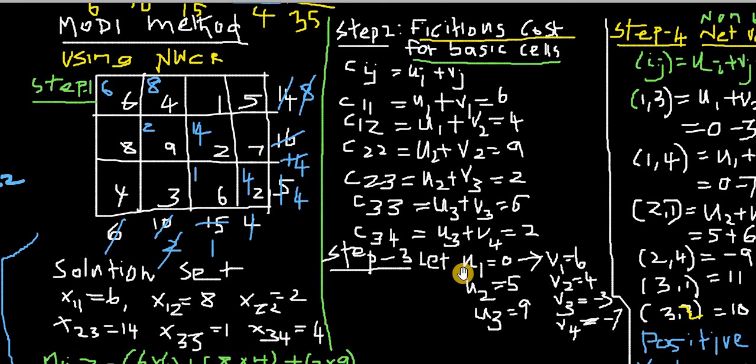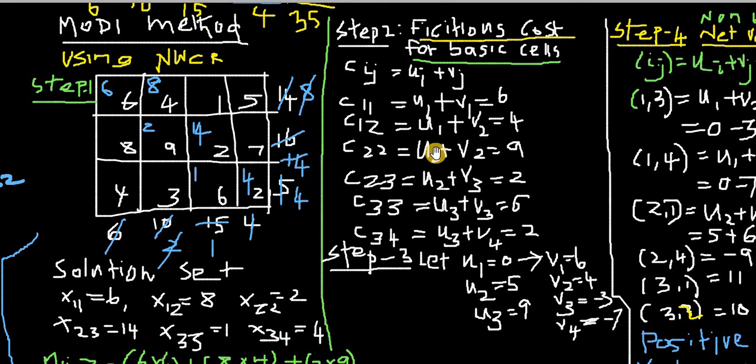Suppose we take this initial value, it is possible to find out all the other values U2, U3, V1, V2, V3, V4. Everything is possible from this particular formula. Take for example U1 equal to 0. If U1 is equal to 0, V1 is equal to 6. If U1 is equal to 0, then V2 is equal to 4.